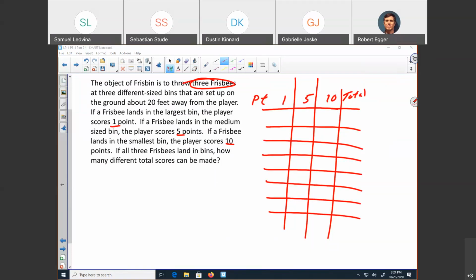Always better to give you some more grids than too few grids. That may be enough. All right. Now, could we have gone 10, 5, and 1? Yeah, this order doesn't make a lot of difference.